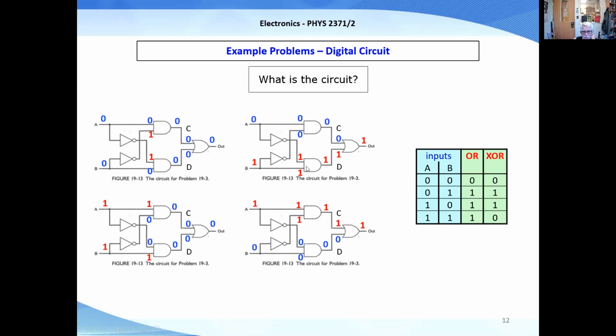But here you're going to have a 1. And then you have a 1 and a 0 in the OR, so then you're going to get a 1 out.